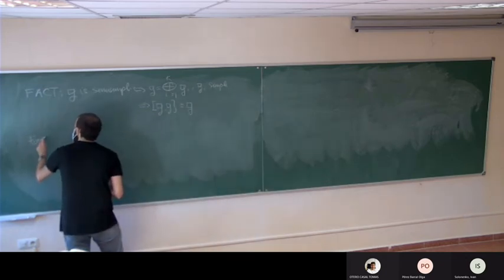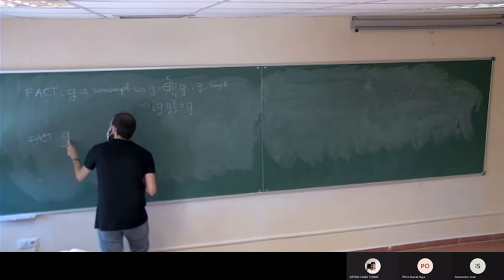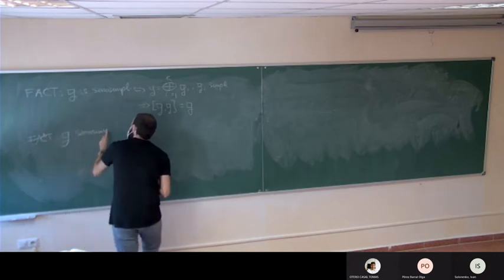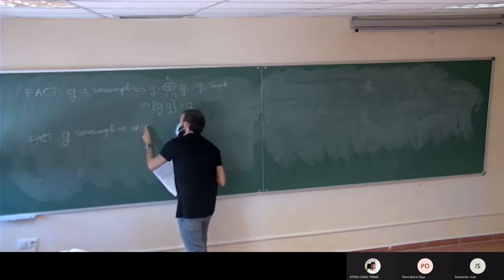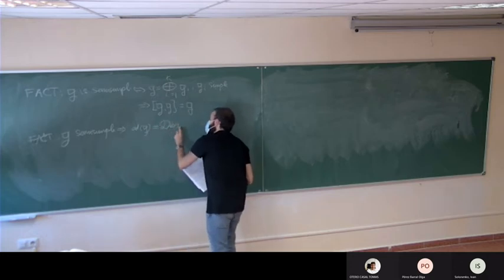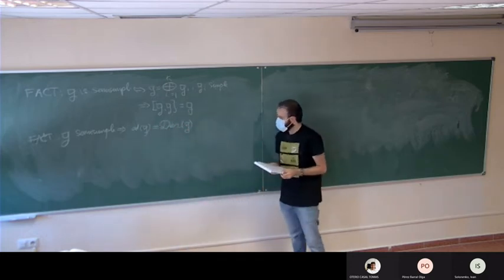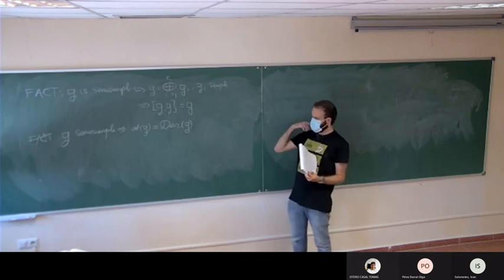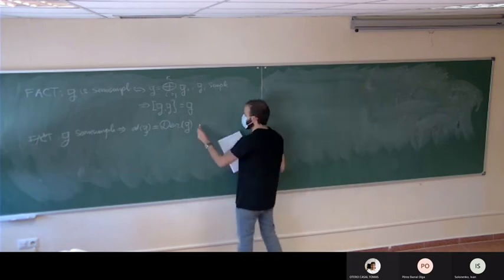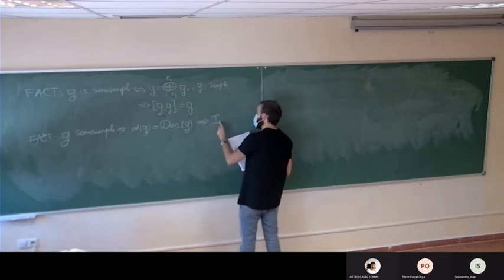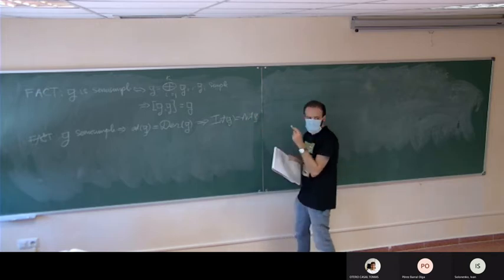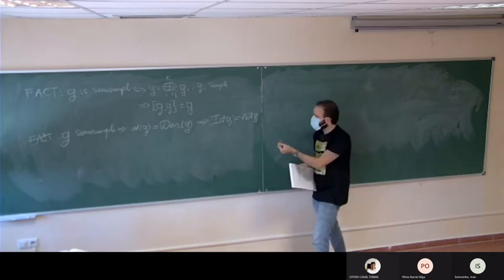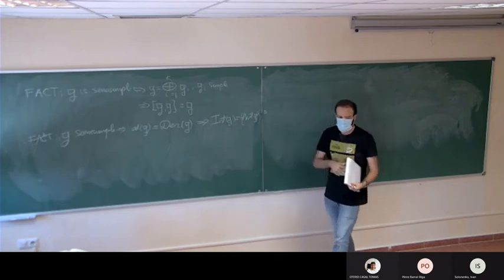So, fact: if G is semi-simple, then the Lie algebra ad G is equal to the Lie algebra of derivations of G. What this means, when we pass this information on to connected groups, is that the group of inner automorphisms is maybe not the group of all automorphisms, but it's the identity component.